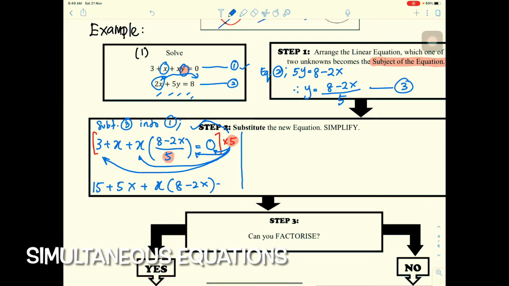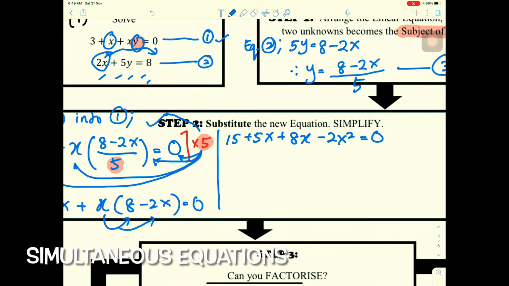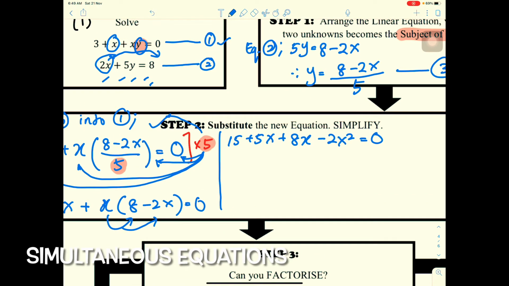Equals 0, and then expand: 15 plus 5x plus 8x minus 2x squared equals 0. Then simplify, so we get negative 2x squared plus 13x plus 15 equals 0.